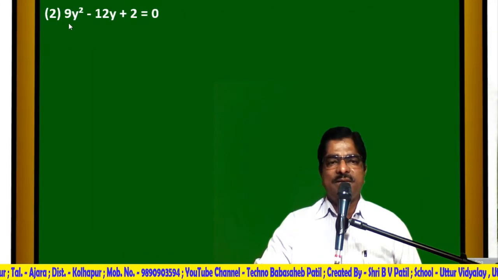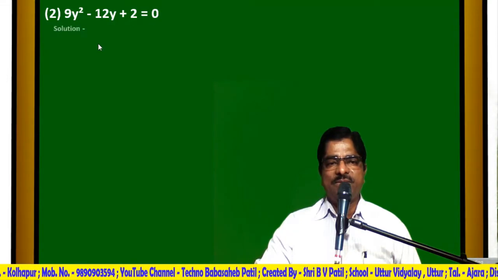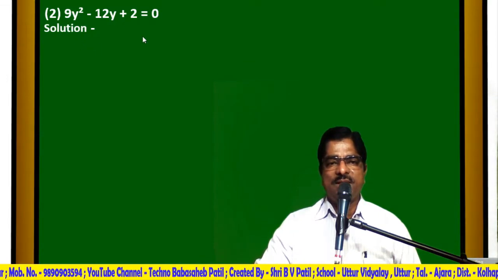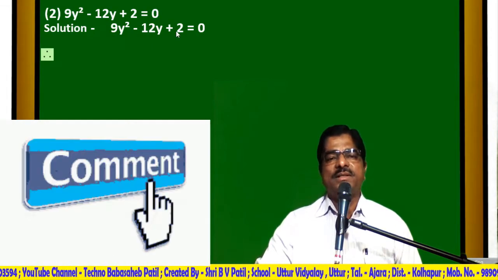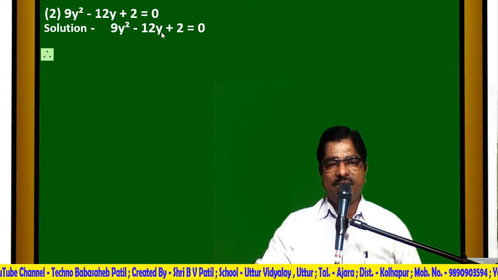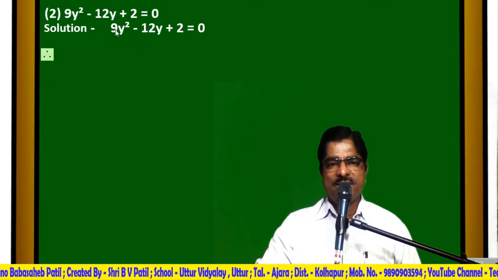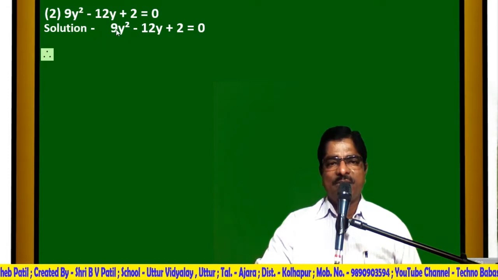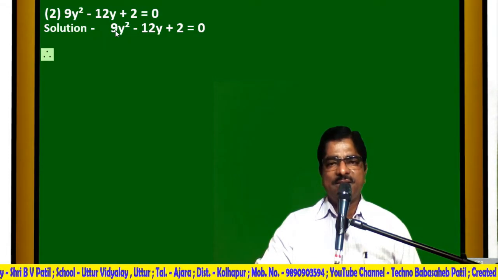Second example, 9y square minus 12y plus 2 is equal to 0. In the solution, we write that example here. Therefore, the first step is to convert the coefficient of the square term to 1. For getting 1 here, what is the method?